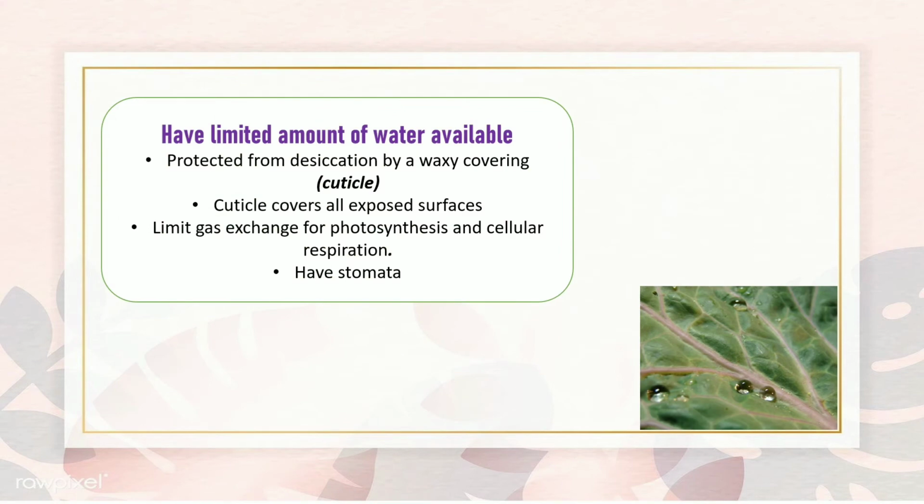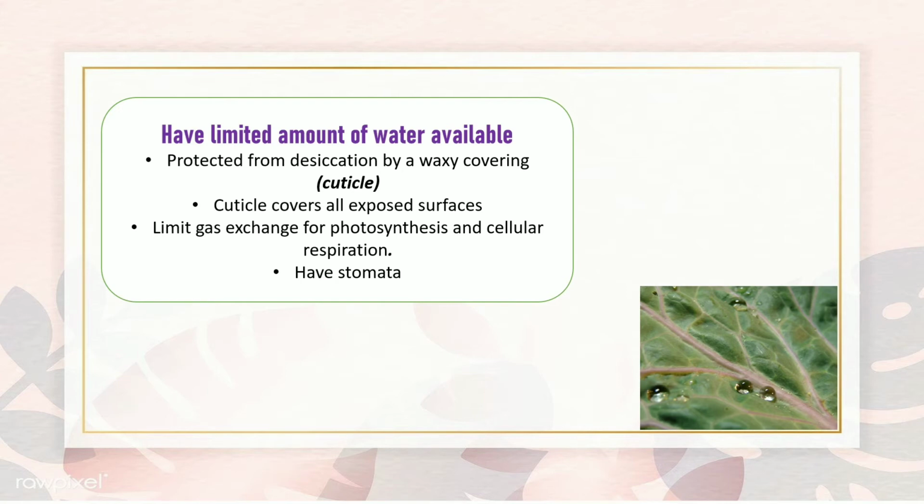Plants living on land have a limited amount of water available. As an adaptation to live on land, they are protected from desiccation, or drying out, by a waxy covering called the cuticle. The cuticle is a waterproof layer that covers all exposed surfaces. The cuticle can prevent water loss from the leaf, but the problem is that this limits gas exchange for photosynthesis and cellular respiration.